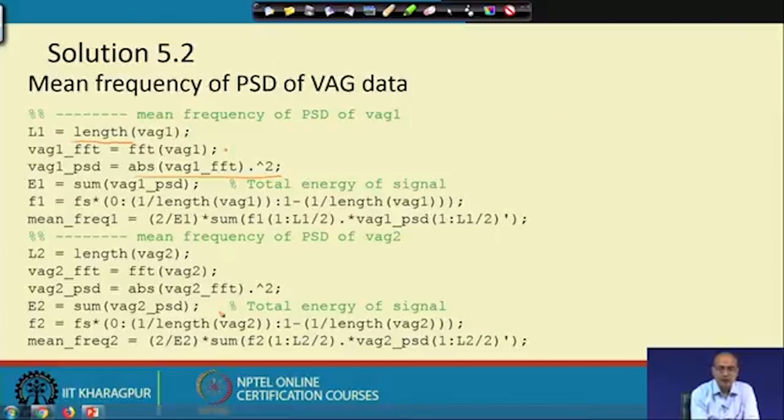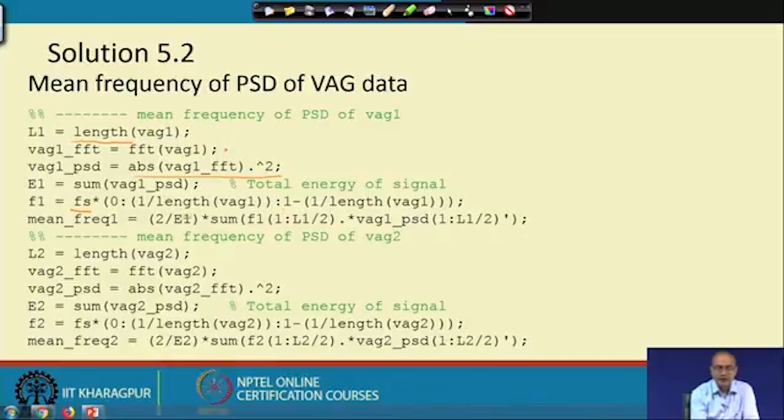First we concentrate on the part multiplying with the frequency Fs, and here we are taking from 0 to the length of the VAG, that is 1 minus the total length would be 1.